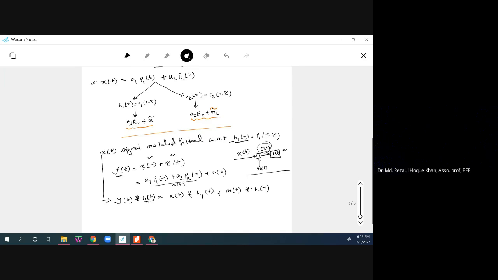I'm writing it in a separate way so that we can write signal and noise separately and derive their values. This can be written as the received signal r(t).